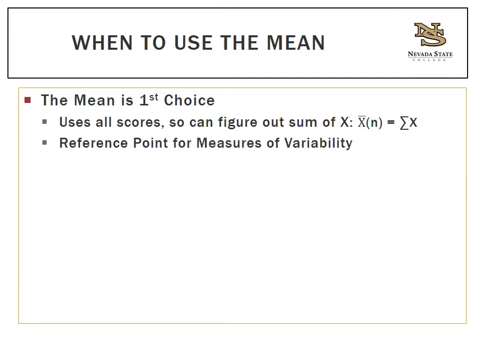The mean is also really important because it is the reference point for measures of variability. So when we get to variability and we start talking about something called the standard deviation, it tells you the typical spread of scores from the mean of all scores. And when we get into calculating z-scores, you're going to see that the z-score just tells you how far away your score is from the mean in terms of how many standard deviations away it is from the mean.